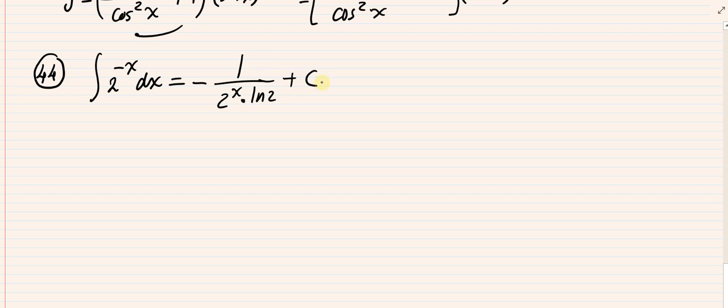I'm just following the integration property that we had for exponential functions, more specifically this one: the integral of a to the x dx is equal to a to the x over natural log of a, plus a constant.